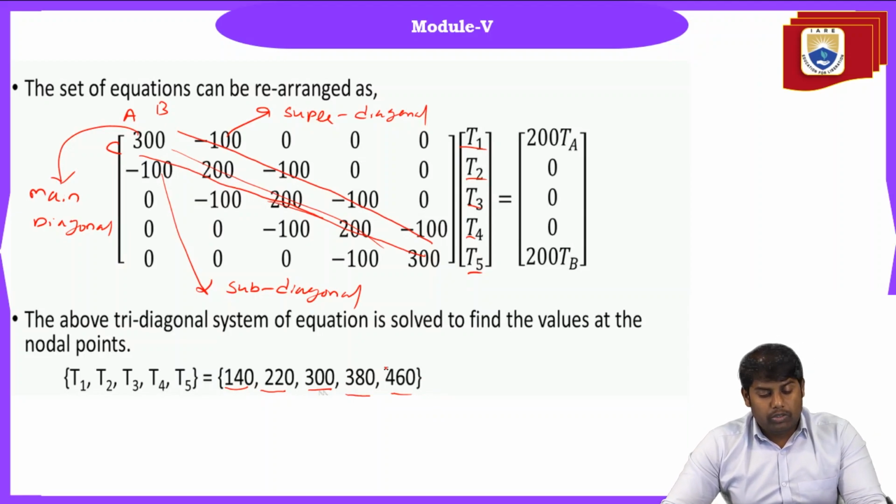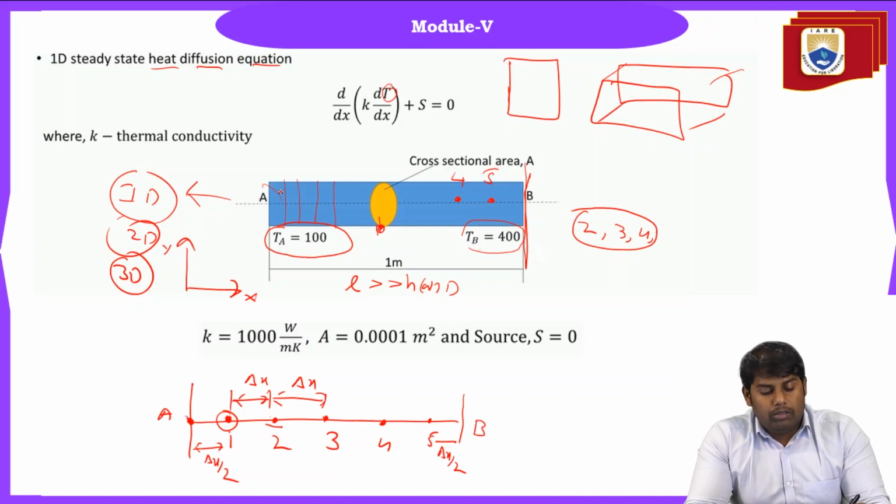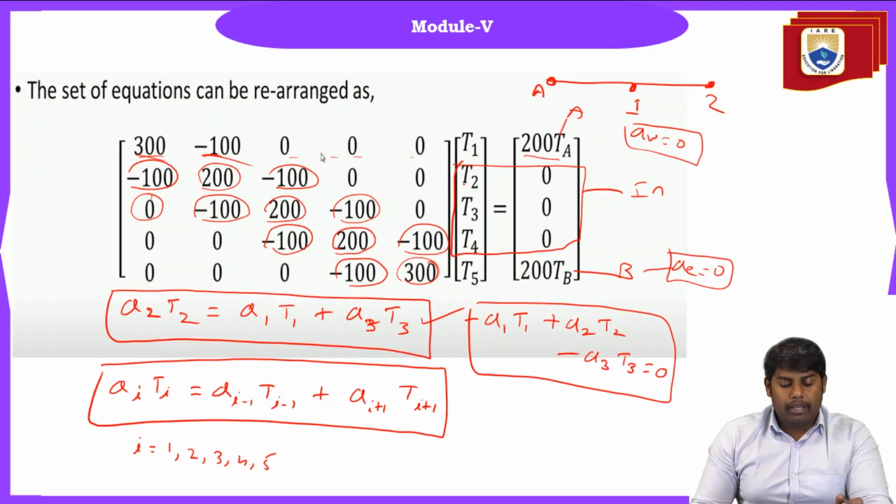How? Let us relate it in a realistic manner. Here we have the left boundary where we have applied temperature 100. Here we have the right boundary, 400.